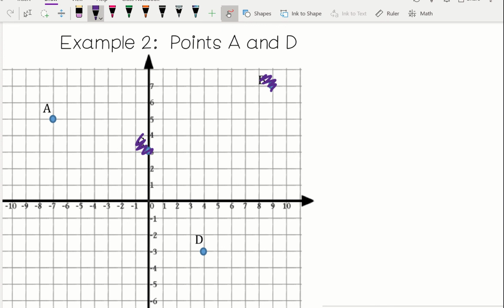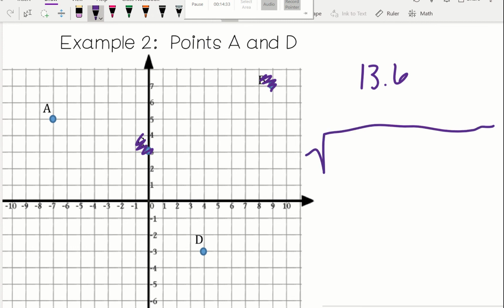What is X and what's Y? What did we get for the distance? 13.6. Okay, so let me write out the distance in the square root sign and see what you did.